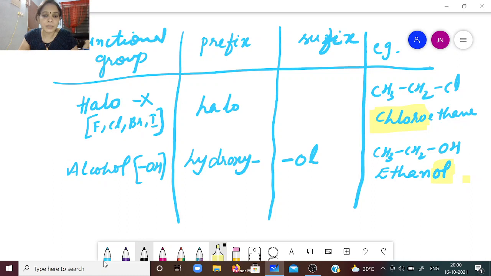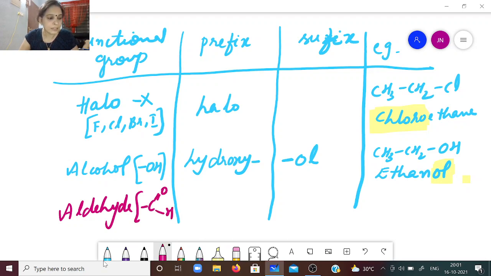Okay. Now, next is aldehyde. Aldehyde is C double bond OH. And if it is prefix, it is formyl. You can either write formyl or you can use oxo also. And if it is suffix, it will be AL.